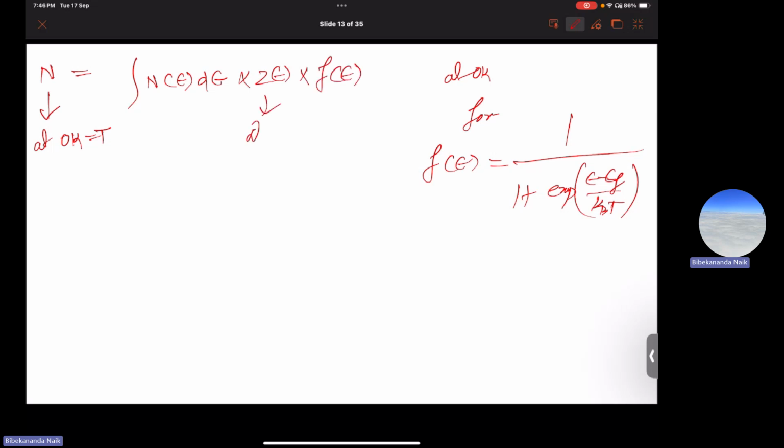We got the value of JD, that is the density of states, and Fe is this.